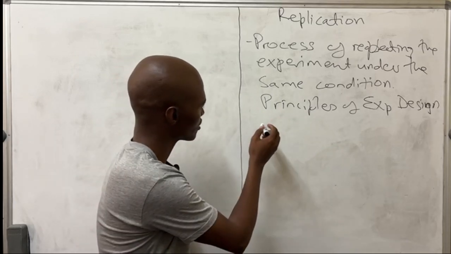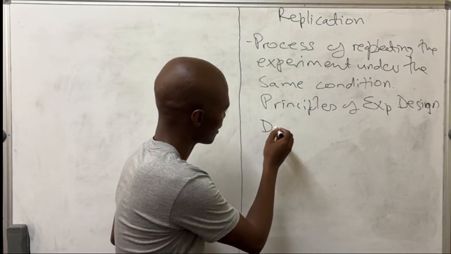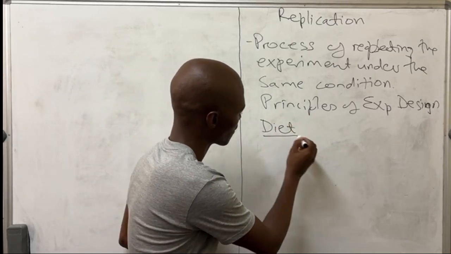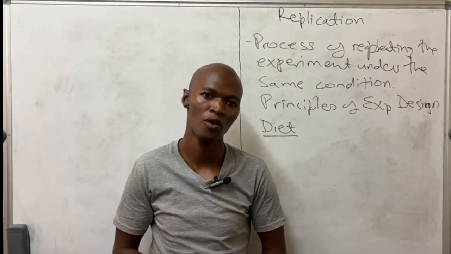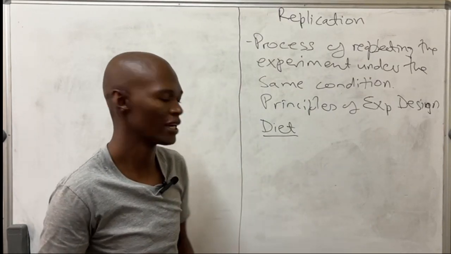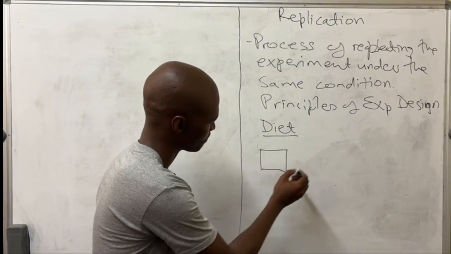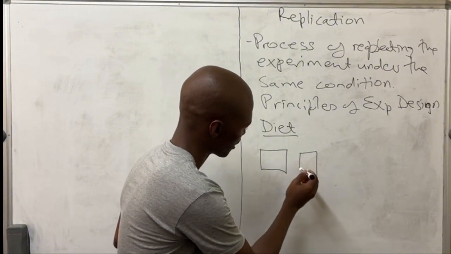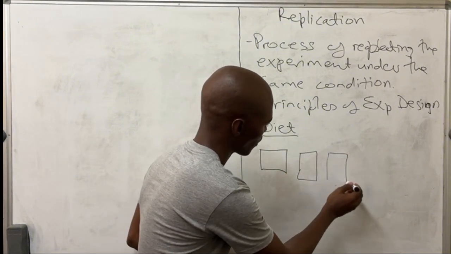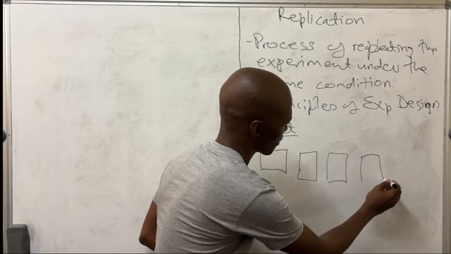One example: maybe the researcher wants to test the effect of diet. You are interested to know the effect of diet, so you have pens. We have pen number 1, the second pen, the third one, the fourth pen.